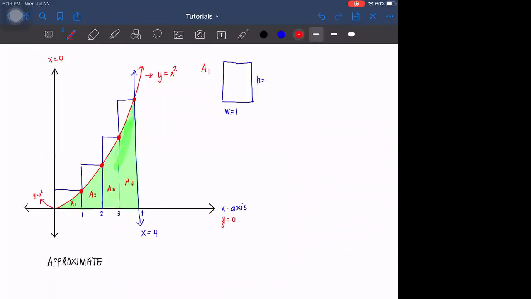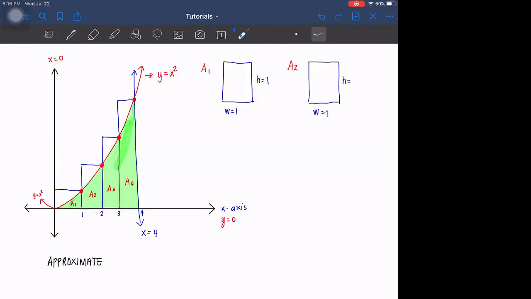Okay. How about area 2? What is its width? It's also 1. What is the height now? 4, because 2 times 2. The height of rectangle number 2 touches the curve at x equals 2.